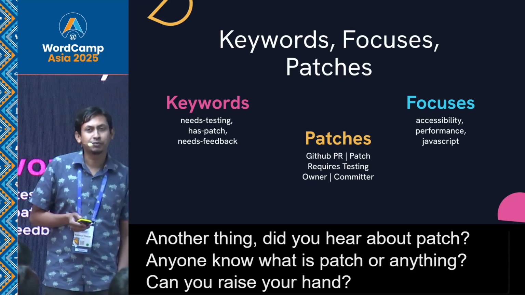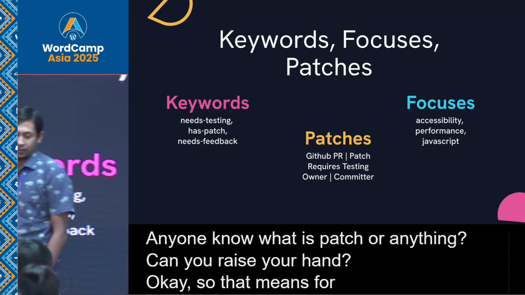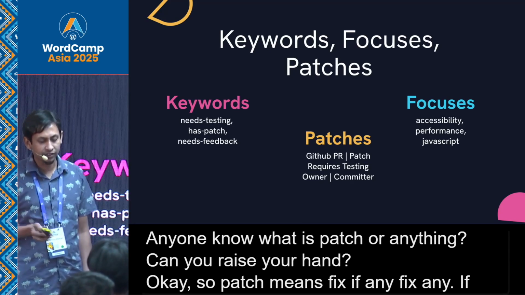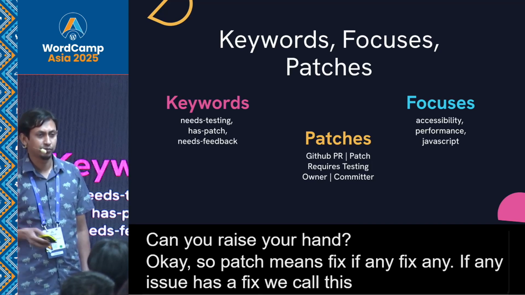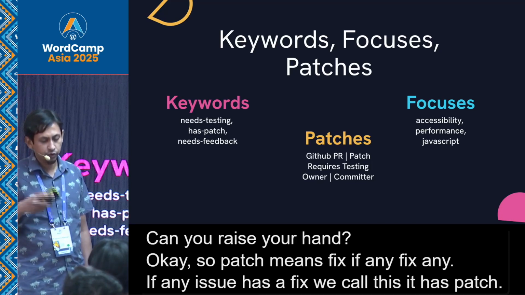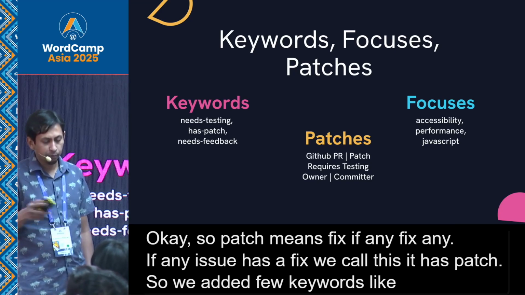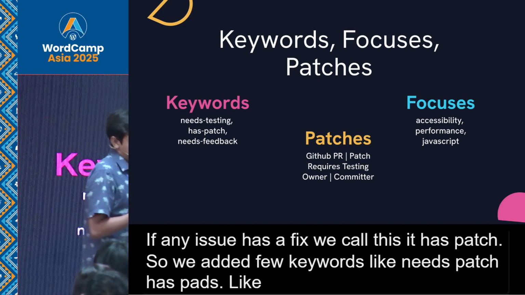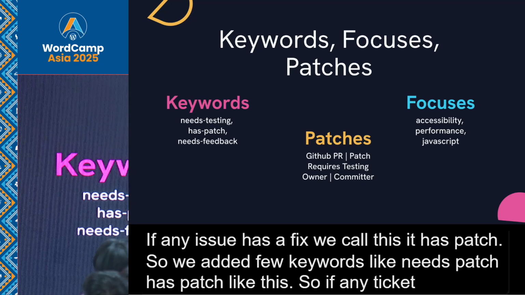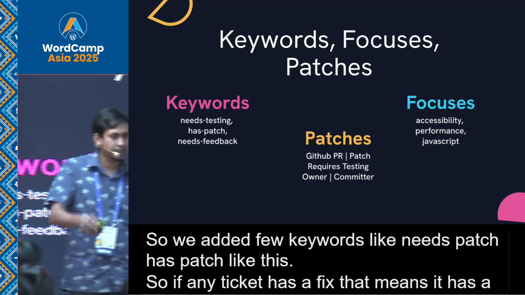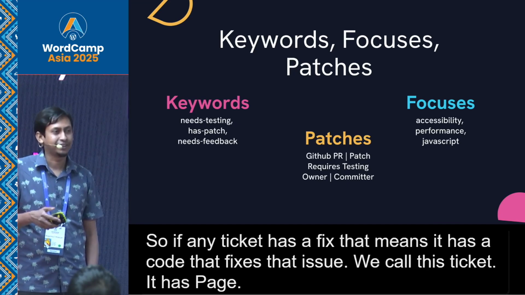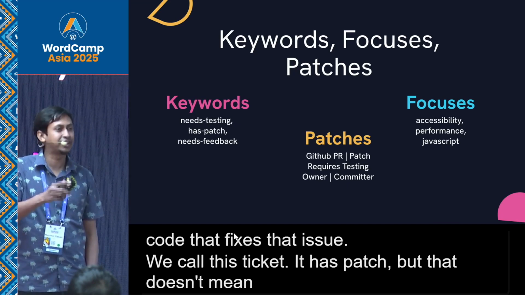Okay, so patch means fix. If any issue has a fix, we say it has a patch. So we added a few keywords like needs patch, has patch. If any ticket has a fix, that means it has code that fixes that issue. We call this ticket has patch, but that doesn't mean that it is ready to commit.